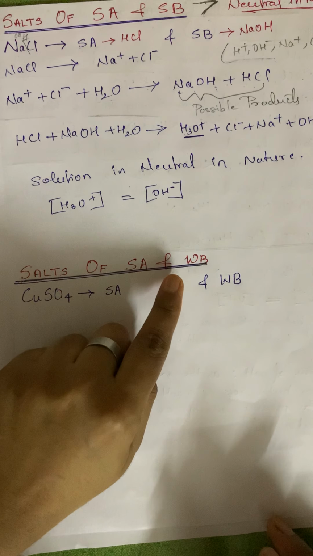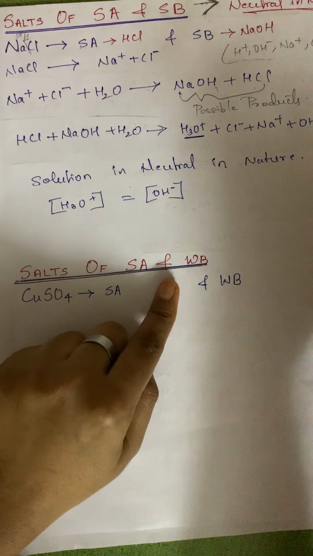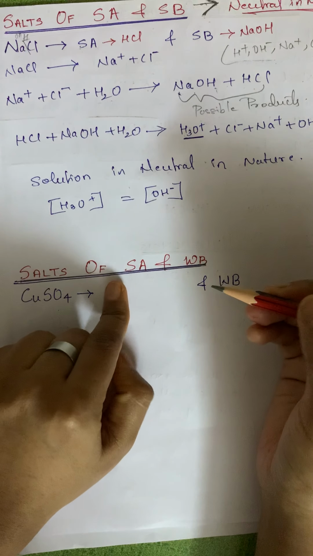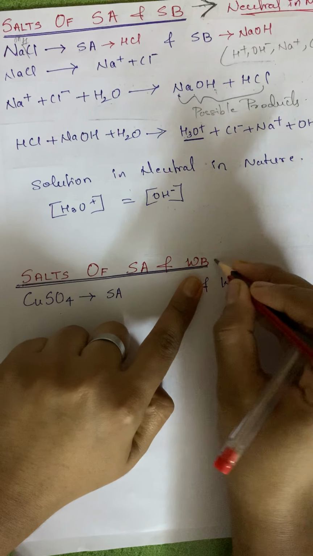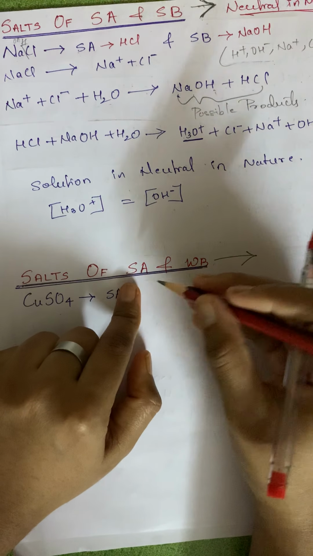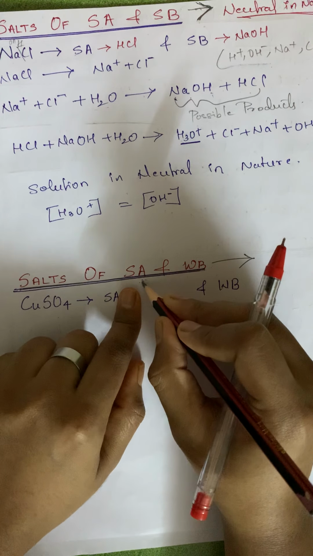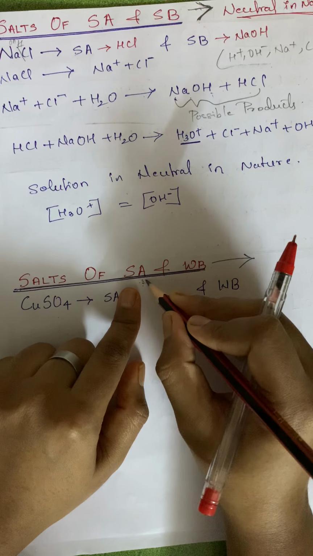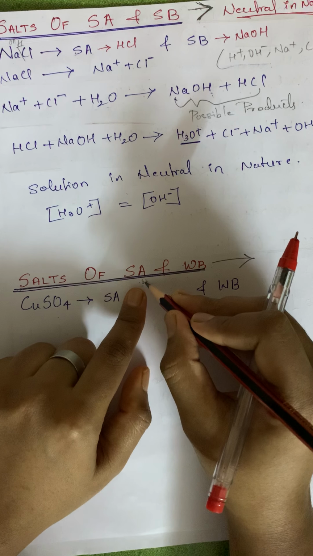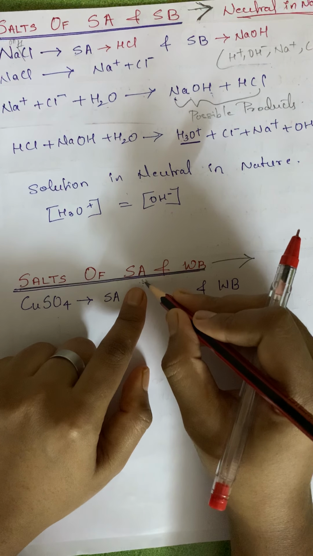Now by seeing it itself, we can say that, just for reference, if it is a salt of strong acid and weak base, then the strong acid part will remain undissociated because it will be a strong electrolyte. As a result, the acid will not go and react with the water molecules.